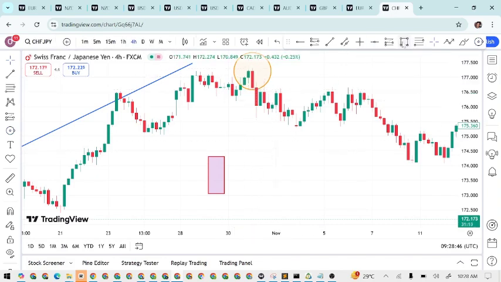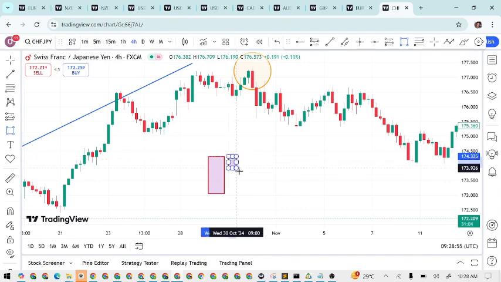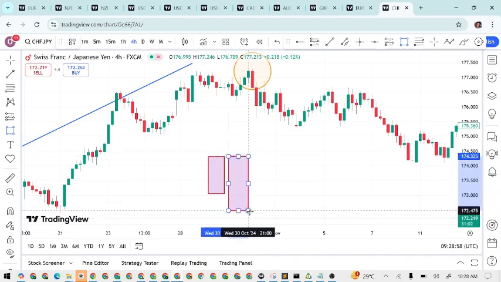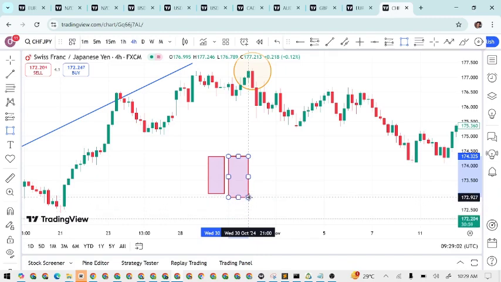So if I'm considering an engulfing candle, I want an engulfing candle that comes immediately after the previous candle, where the next candle should completely engulf the previous candle or be equal to it, and it should be big and long enough for me to confirm the movement.